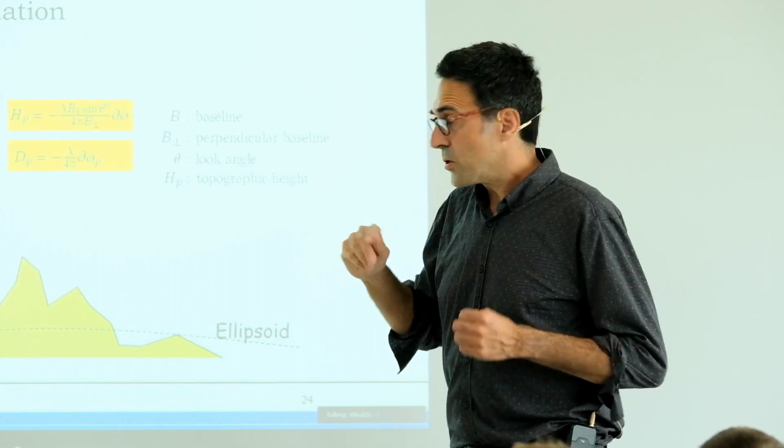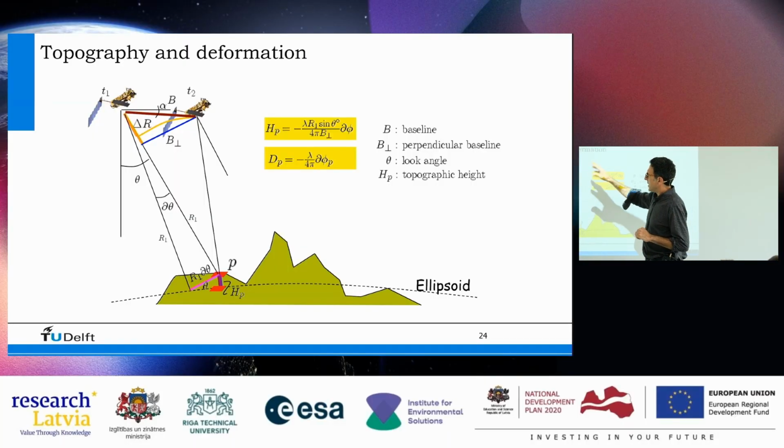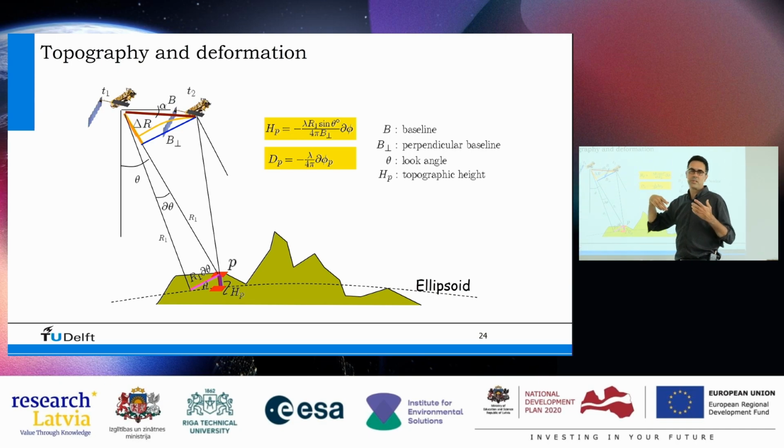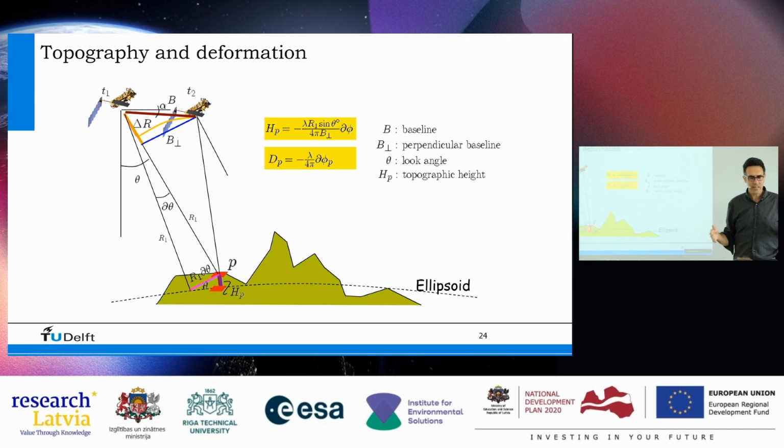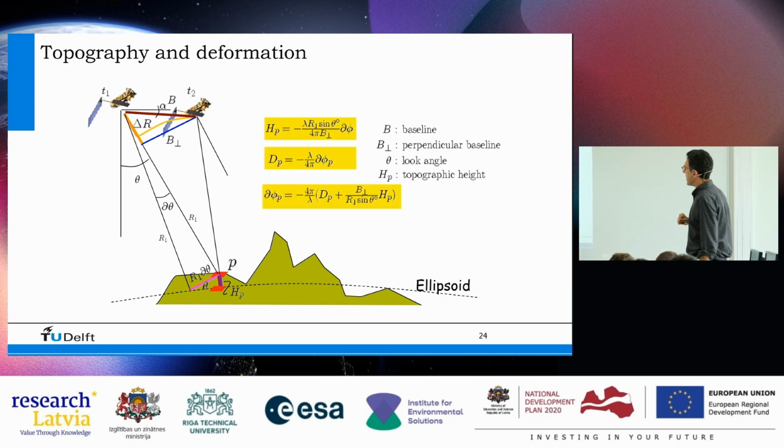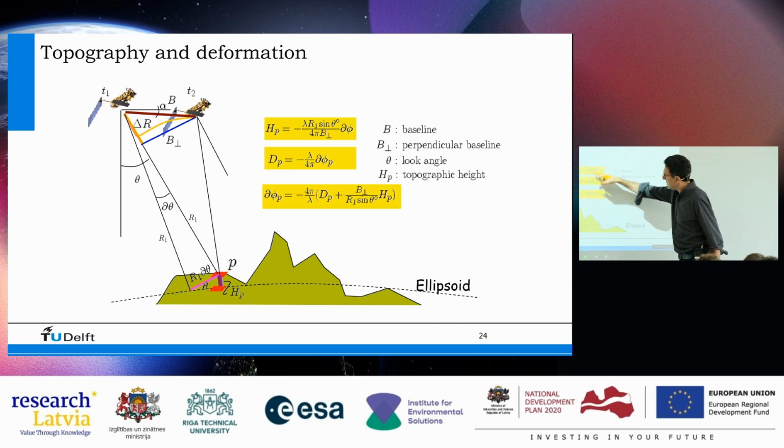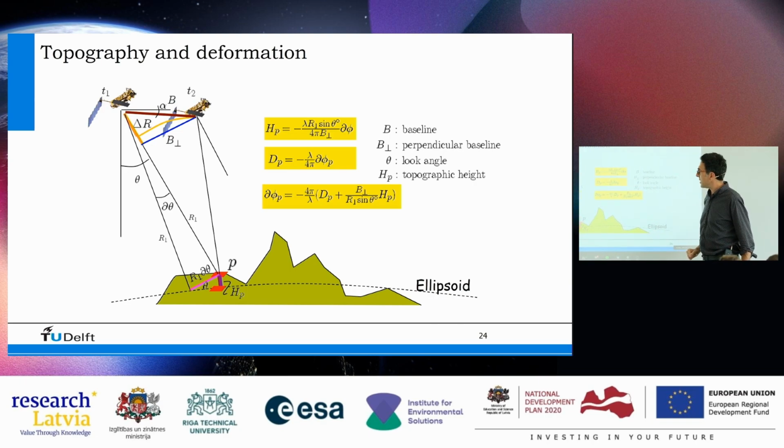Now, I also indicated during my explanation that I just assumed that the satellite would be exactly at the same spot. Obviously, in practice, that's not the case, right? They are steering the satellite to be almost at the same spot, but it will never be exactly the same. So there is always a certain baseline. So basically, the problem is that I have the summation of those two equations.